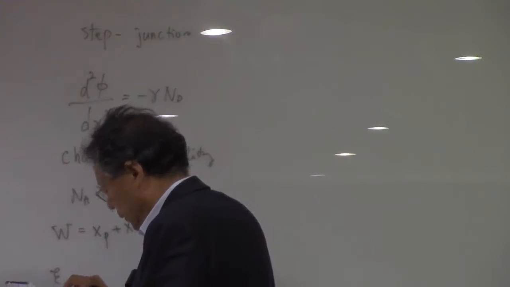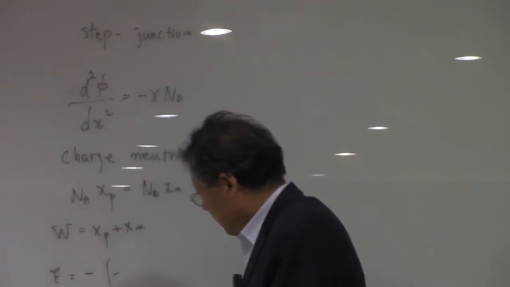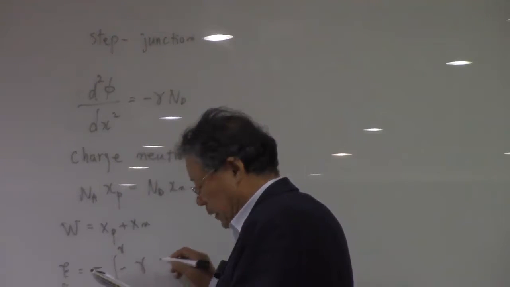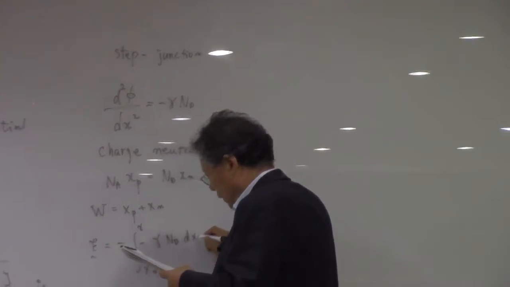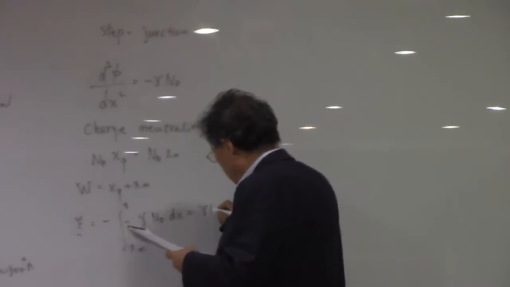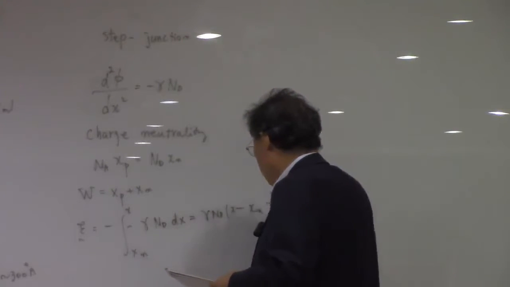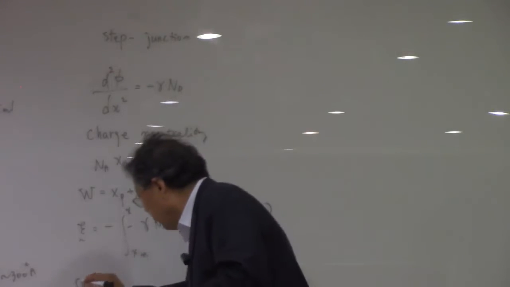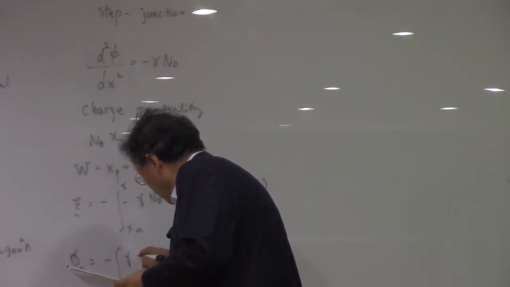And the electric field is going to be the first integration of these charges, and that is a straight line according to x. And phi n is going to be gamma.